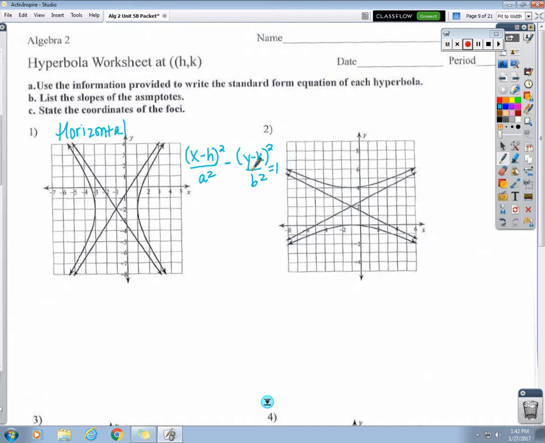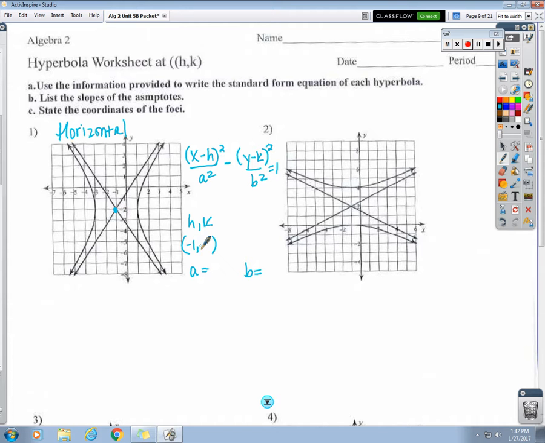To be able to fill in that equation, though, you need the h and the k, which is the center, and you need a and b, which are your vertical and horizontal distances from the center to the side and the center up. This time, what is the h and k? -1, -2. To get to the intersection of those asymptotes, which is your center, you go left 1 and down 2.